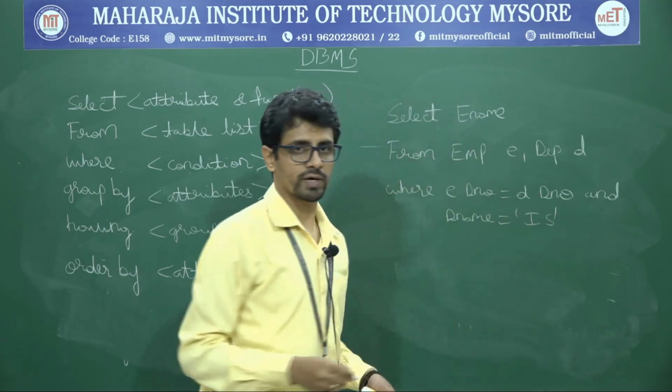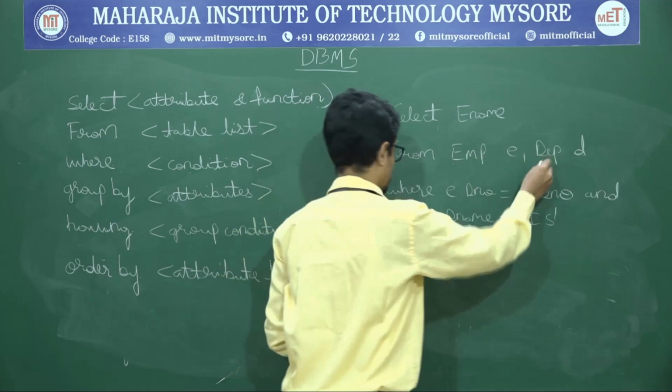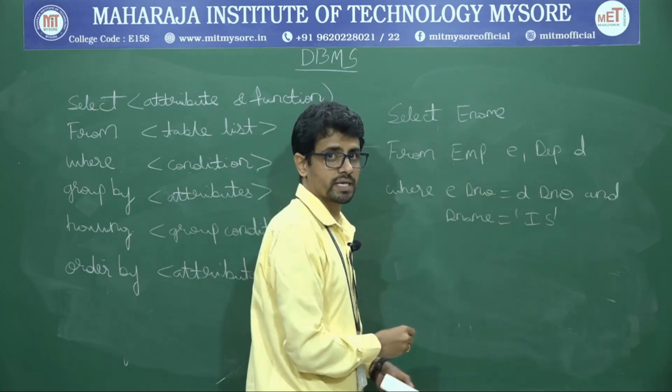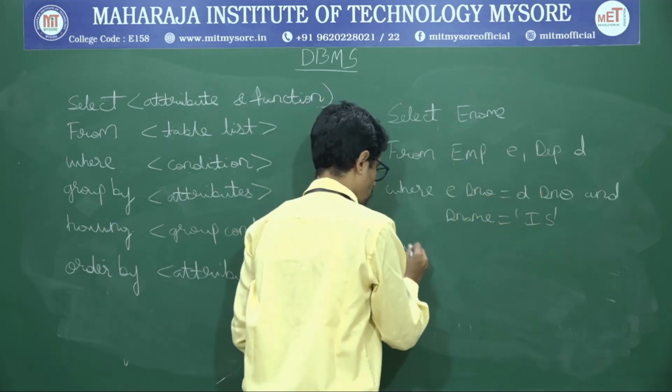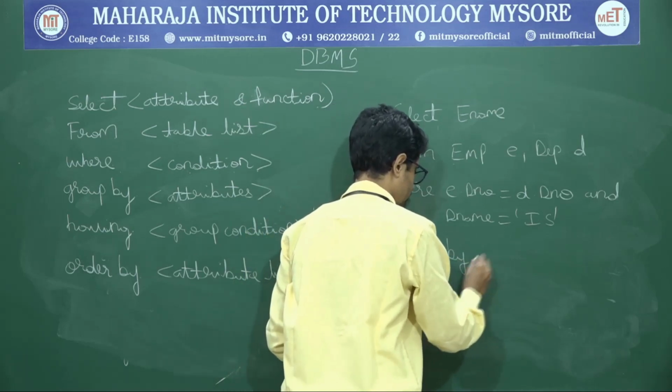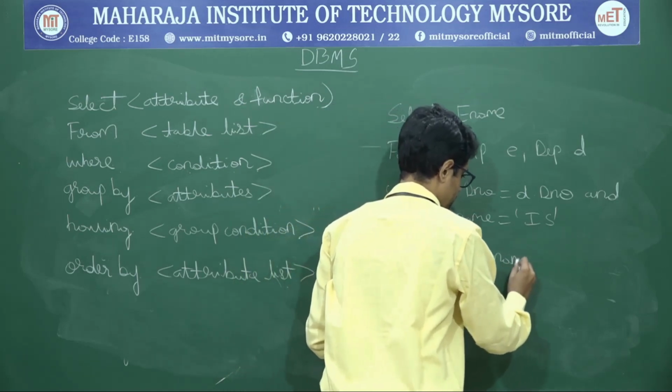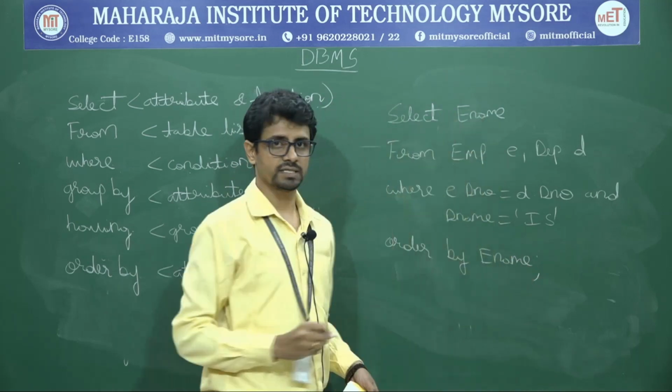I want all the employee names who are working in the IS department by joining employee and department, but I want these employee names to be displayed in a proper order. So order by E name, the attribute which is present in the select clause.